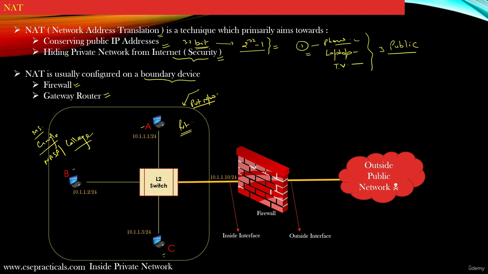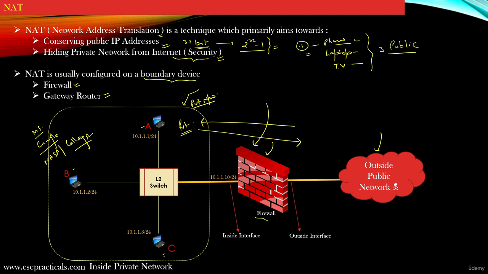Now, there is a device which we call a firewall or gateway router. This firewall or gateway router is installed at the boundary of the private network and the outside public network. All the traffic that leaves this private network and goes to the public network or internet, and all the traffic that comes from the internet into the private network, has to go through this firewall device.